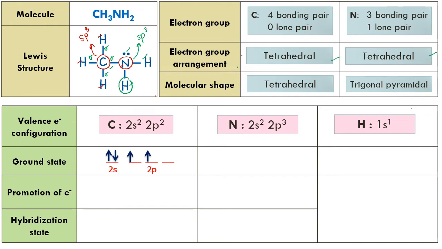So it needs 4 single electron. So that's why awak akan promotekan satu elektron daripada 2s ke dalam 2p. Okay, so you will have it like this. And then the hybridization orbital, kita dah tentukan tadi adalah sp3. Okay, kita mixkan dan kita akan ada 4 sp3 orbital.